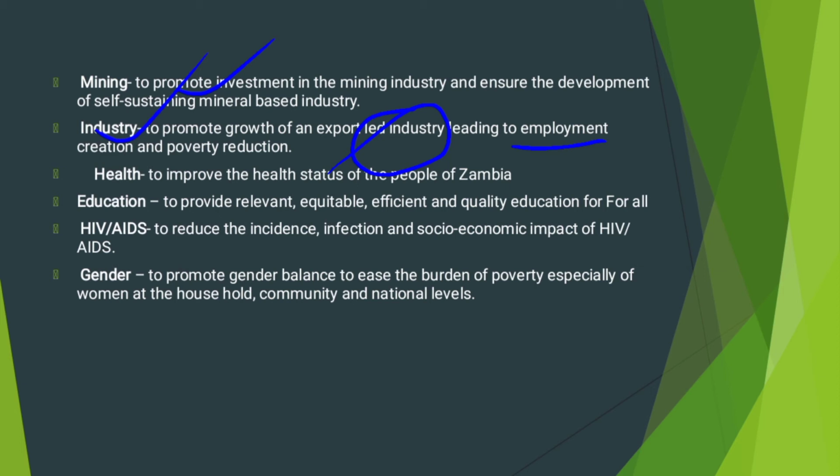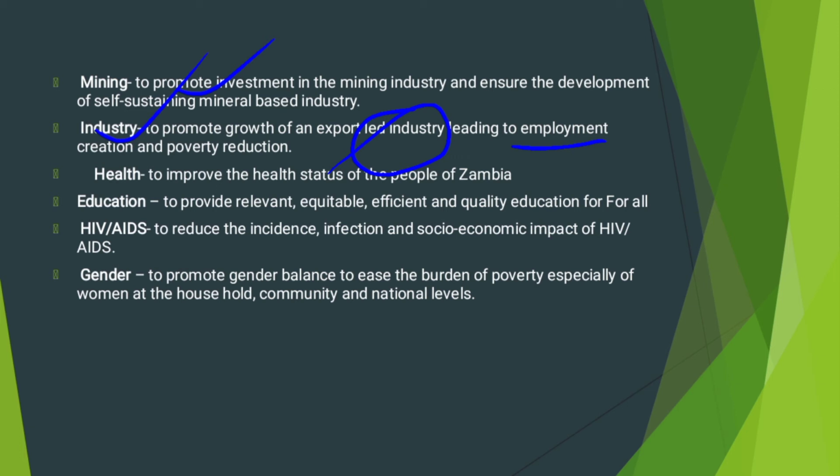So that will create employment for youths, not just for youths, but for everyone, because they will need more workforce there. They will need manpower.